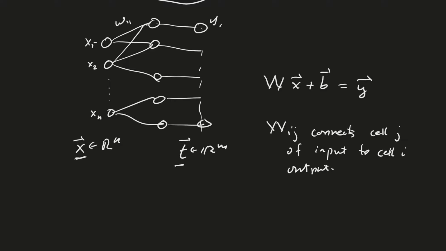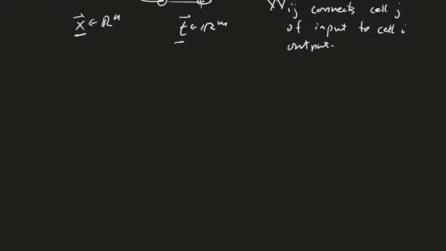Good. So training a neural network means that I have a bunch of x's and a bunch of targets, and I want to try to find w and b. So let me write this down.